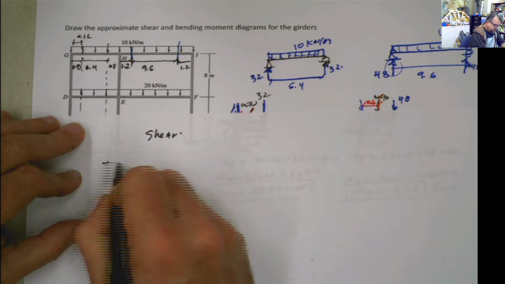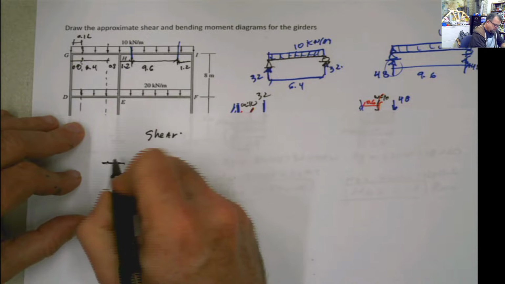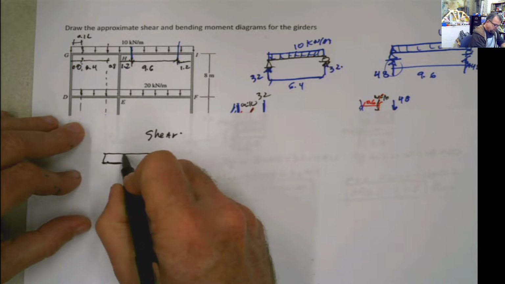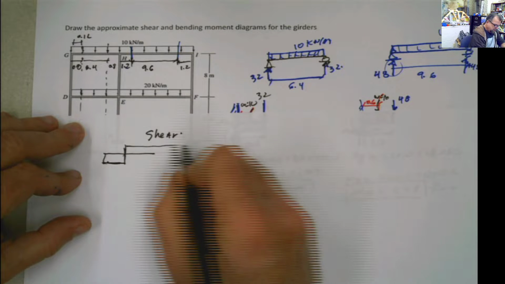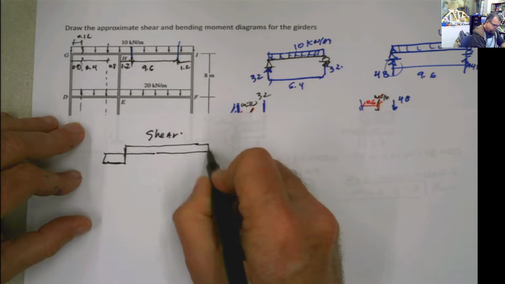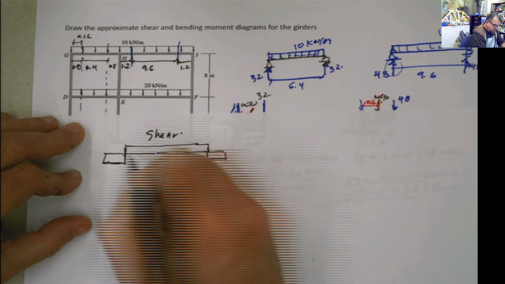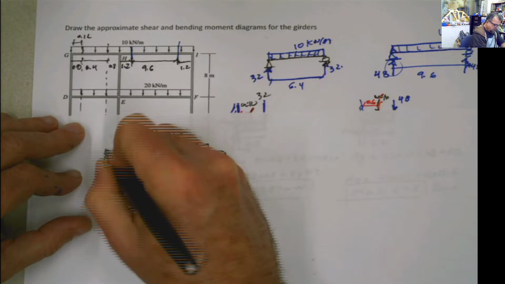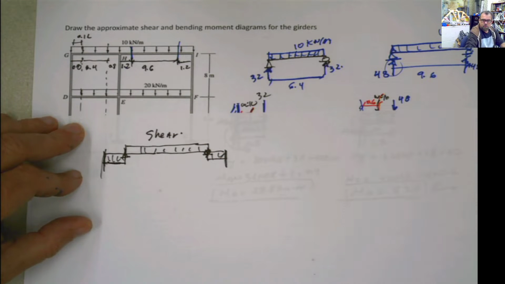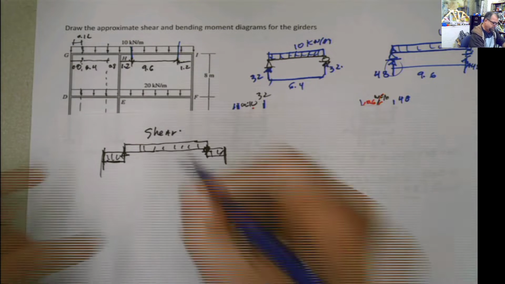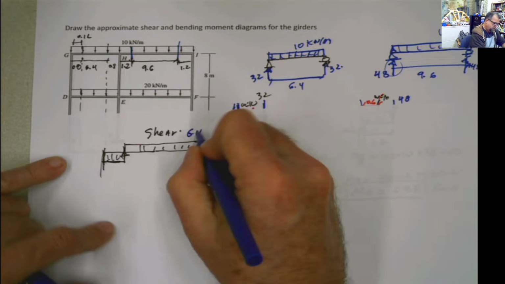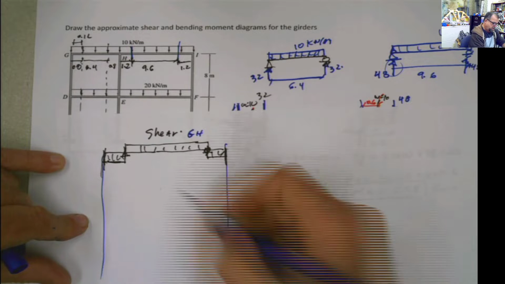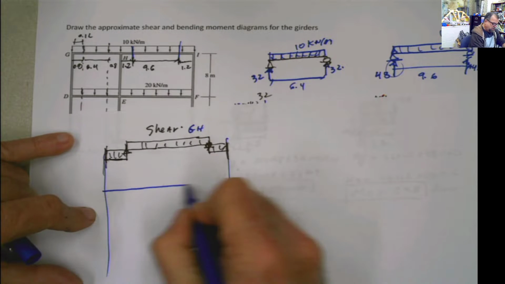Remember, what we have in reality is the continuous thing, like that, but we are calculating this. Here is our structure, simply supported. Here is our cantilever. So this is what we are doing for GH.